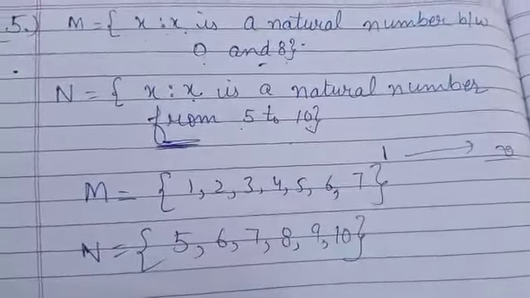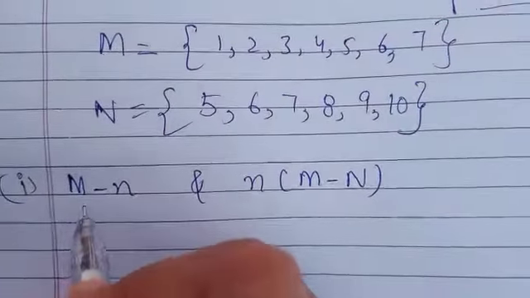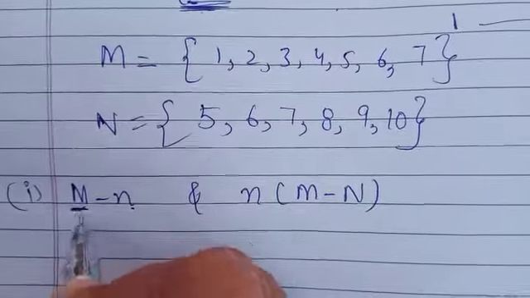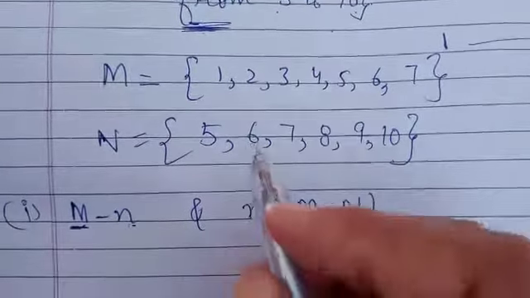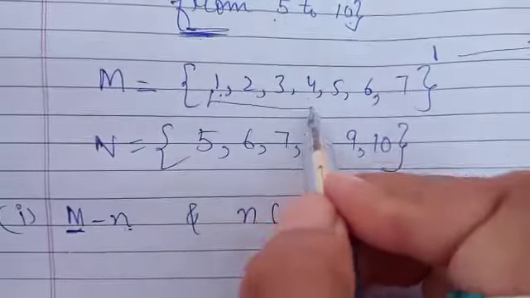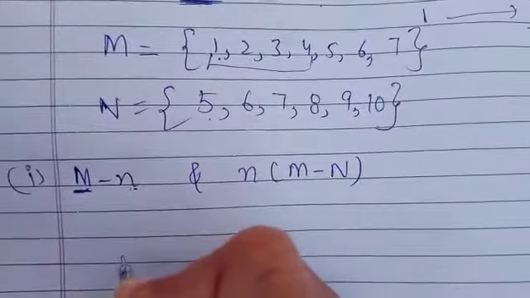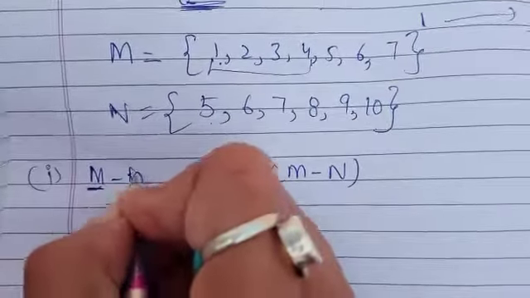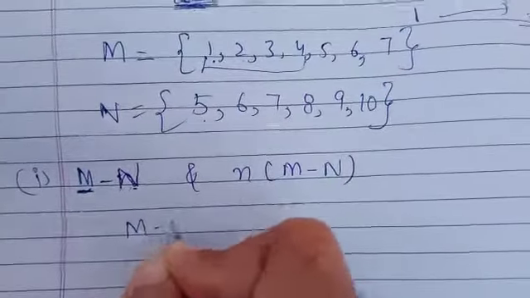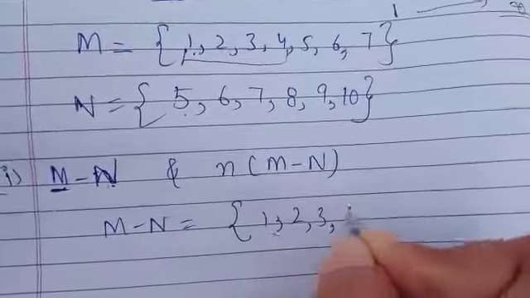Now we will come to the question, what we have to find. In the first part we have to find m minus n, which means we have to write those numbers of m that don't come in n. So what are those numbers? 1 2 3 4. These are the numbers that don't come in n. So write it. Beta, this should have been capital, I wrote it small. Okay, m minus n is equal to 1 2 3 4.